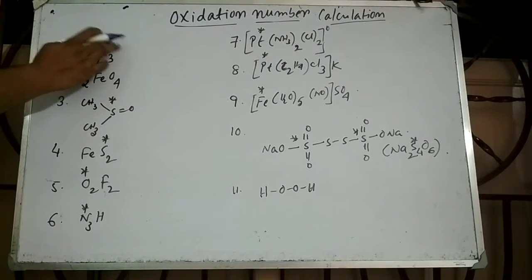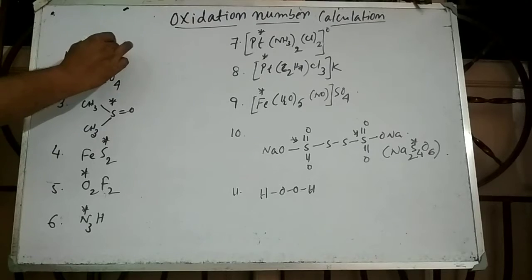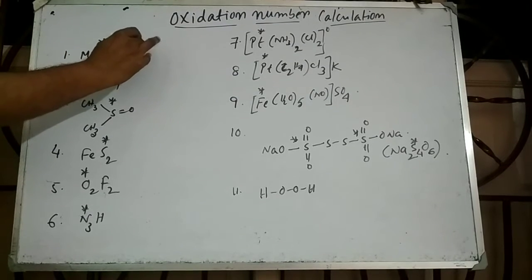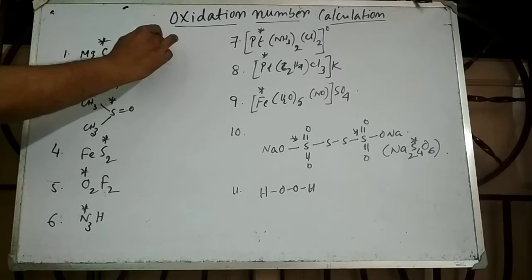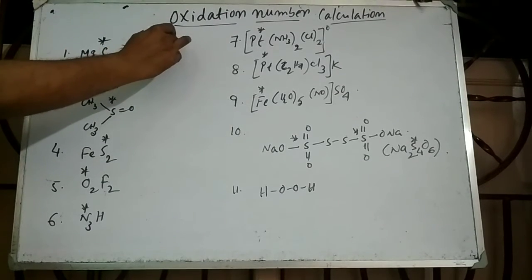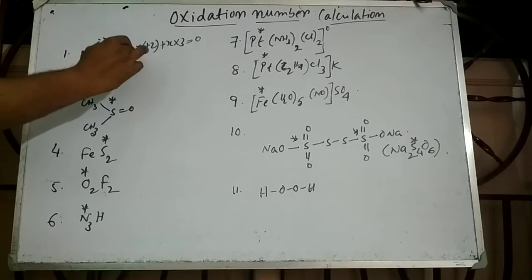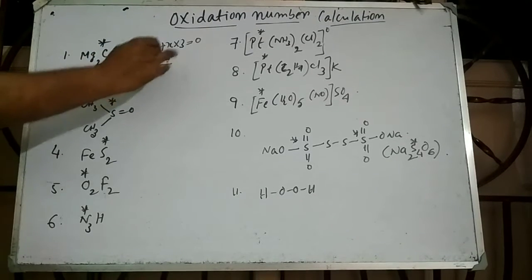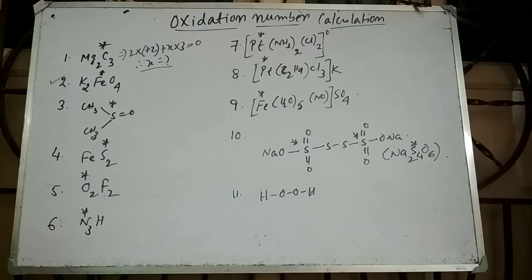Let us consider the oxidation number of carbon is X. So 2 into plus 2 for magnesium plus X into 3, the summation of the oxidation numbers equals 0. So what is the value of X? You can calculate.